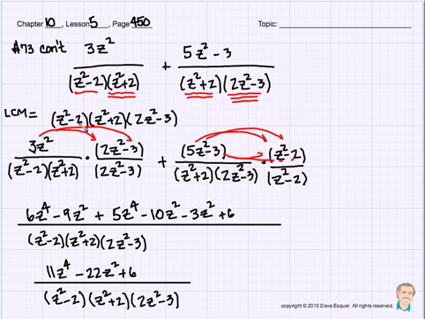So let's review really fast. We had to find the least common multiple, but first we had to do some factoring. Our least common multiple was z squared minus 2, z squared plus 2, and 2z squared minus 3. We turned our denominators into those same values.